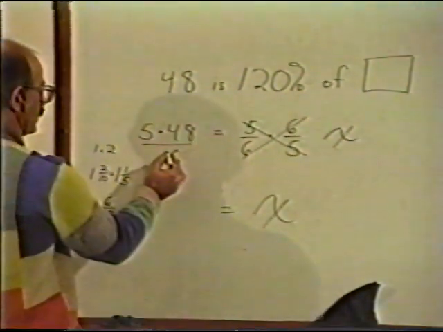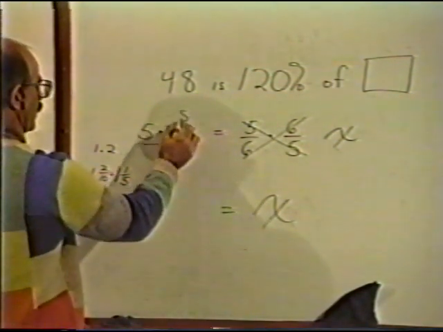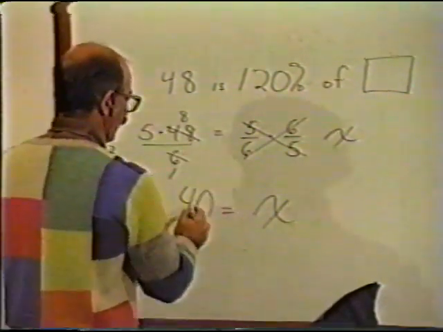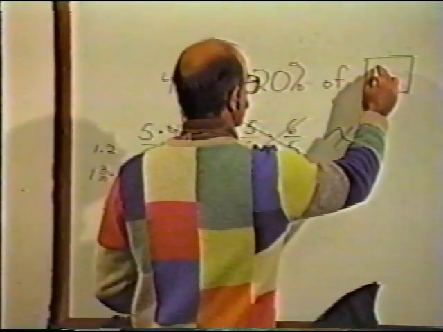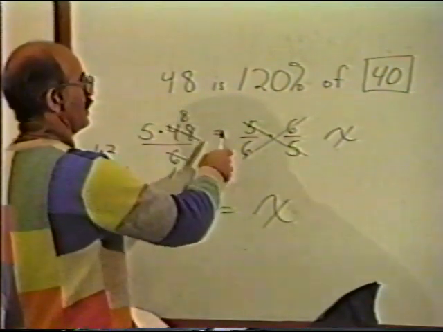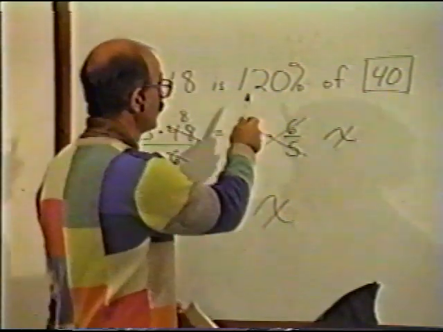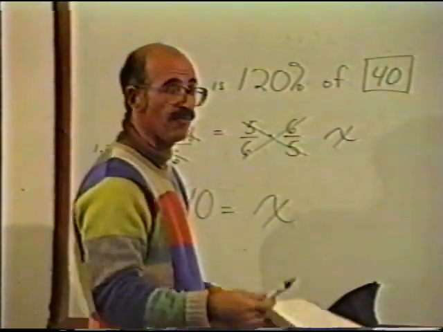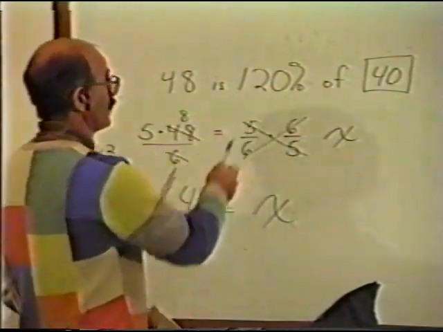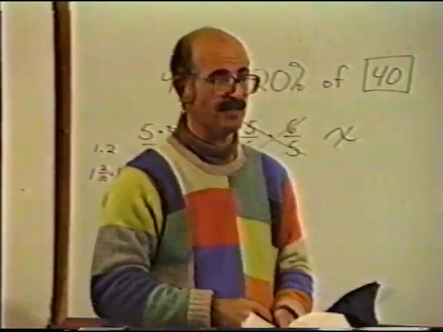Over here, 6 into 6 is 1. 6 into 48, 8. 5 times 8, 40. 40 equals x. And it makes sense that 48 is 120% of 40, because 120% is more than 100%, and 48 is more than 40.